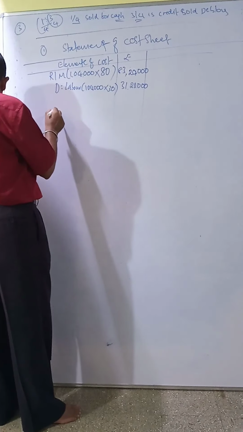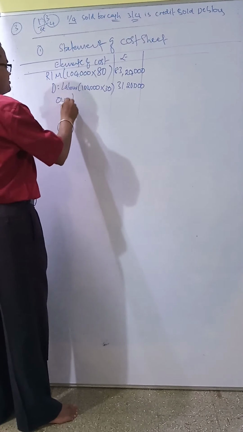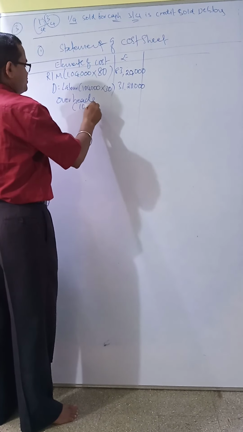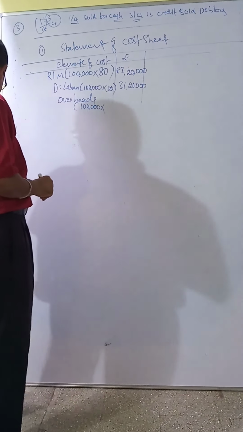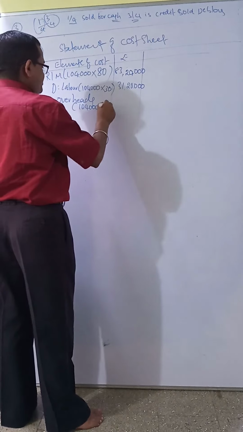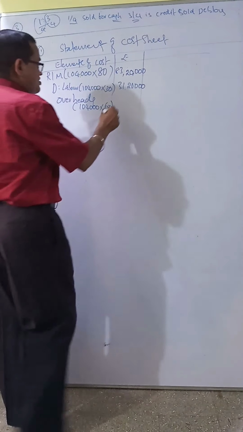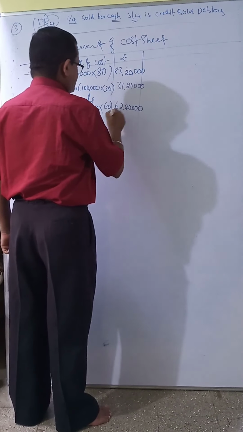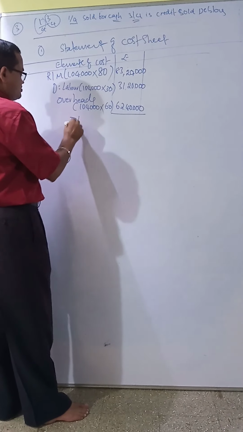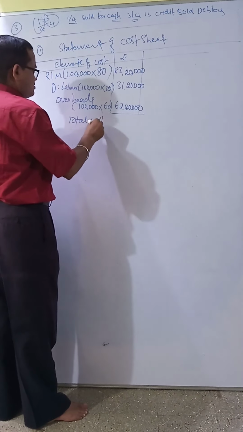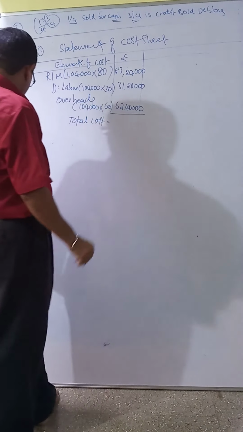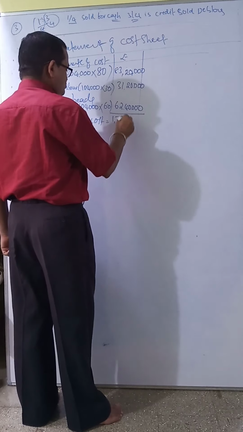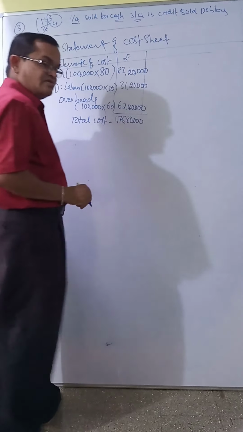Then overheads, which means indirect expenses. 1,04,000 into the overhead cost of 60 rupees gives 62 lakh 40,000. Add these and you get the total cost: 1 crore 76 lakh 80,000.